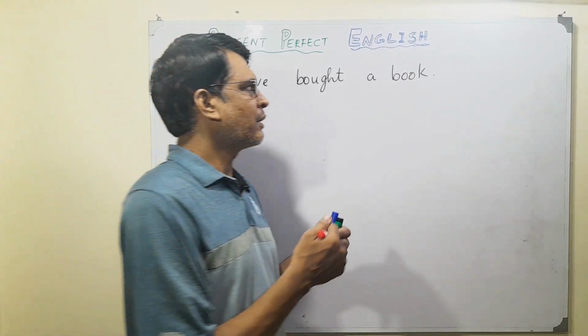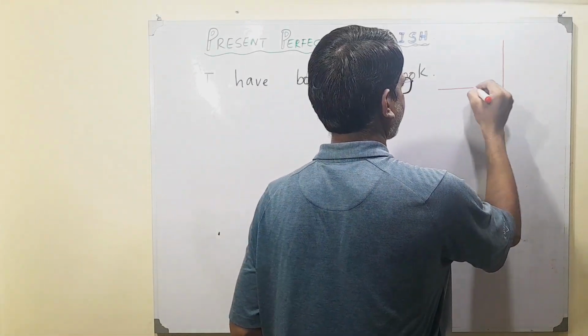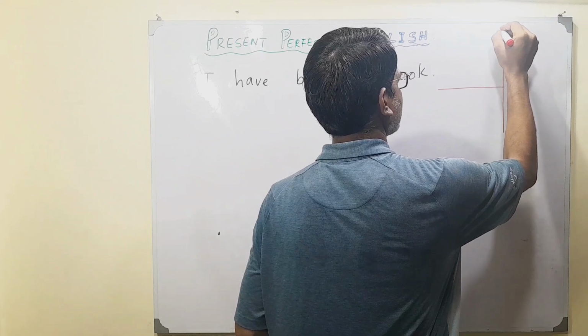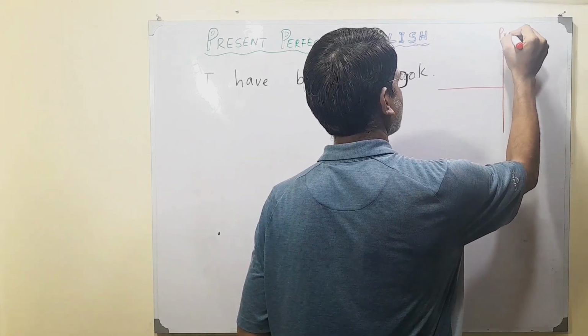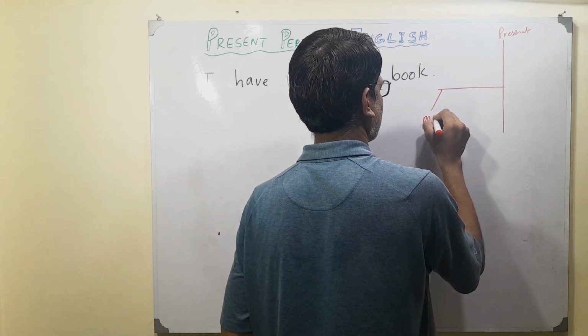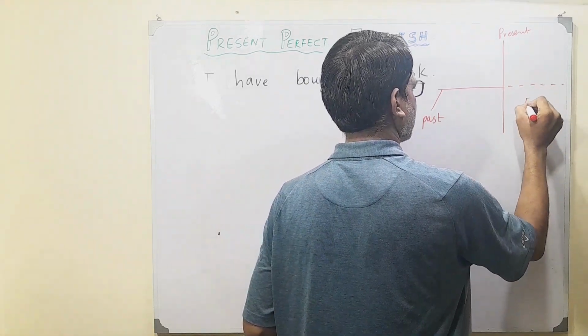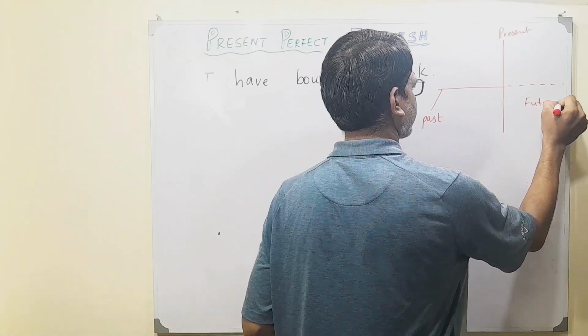We can show this with a diagram. You know, this is present. Okay, this is past, and this is future.